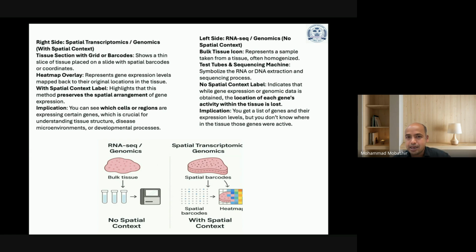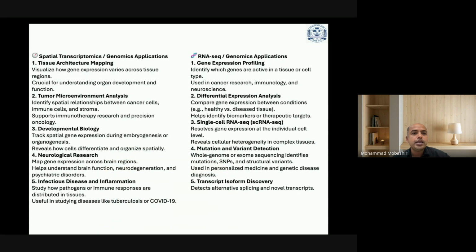It indicates that while gene expression or genomic data is obtained, the location of each gene's activity within the tissue is lost. Implication: you get a list of genes and their expression levels, but you don't know where in the tissue these genes were active.